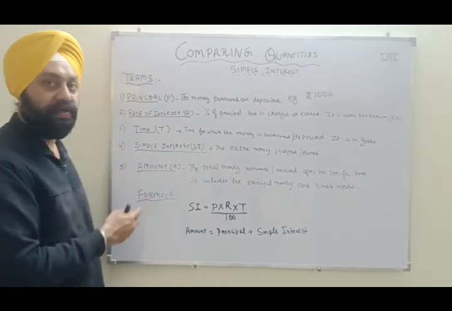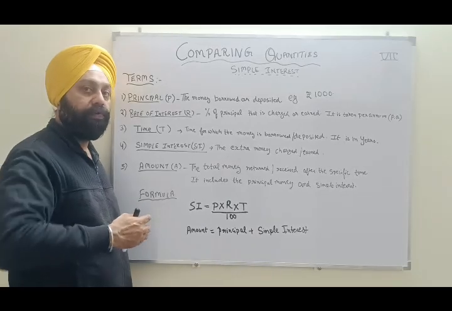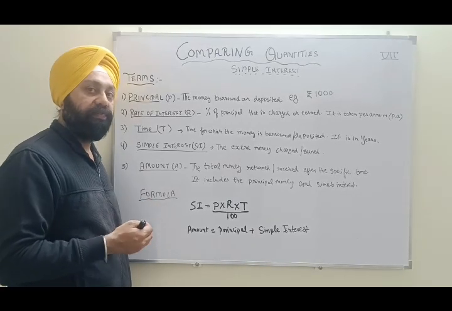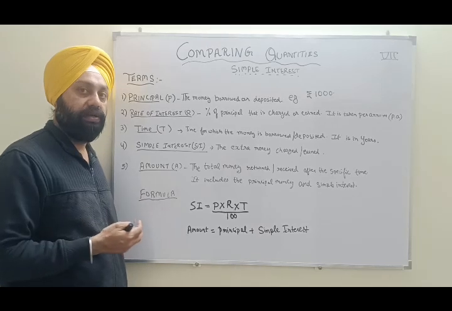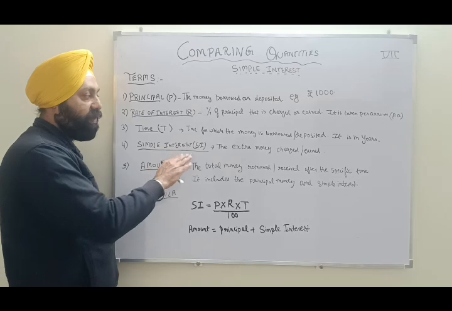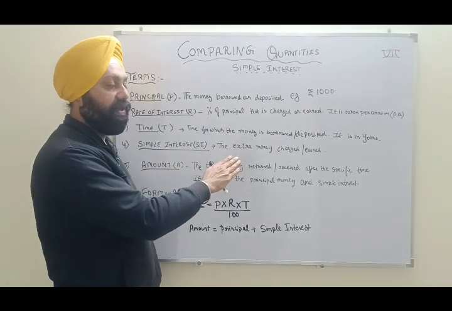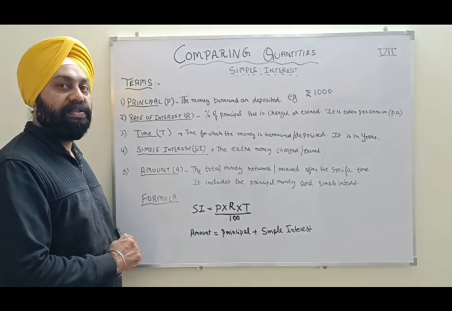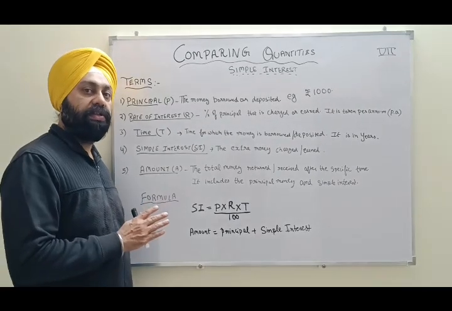Now comes simple interest. Actually we have two types of interest, that is simple interest and compound interest. Usually in banks we have compound interest, but in this class you will be studying only simple interest. So simple interest, you can say that it is the extra money which is charged or earned. Suppose you have deposited 1000 rupees in the bank.